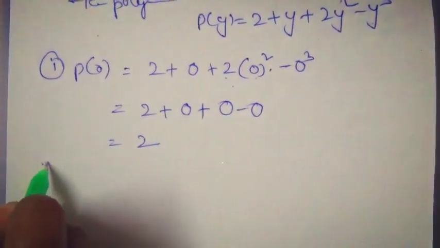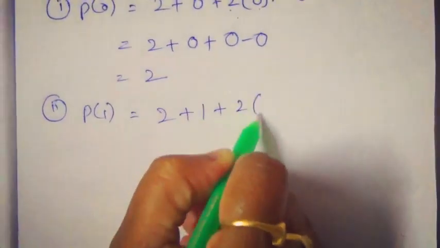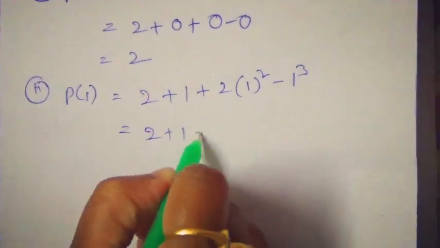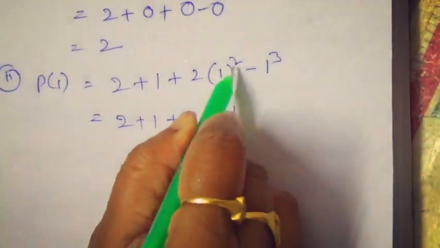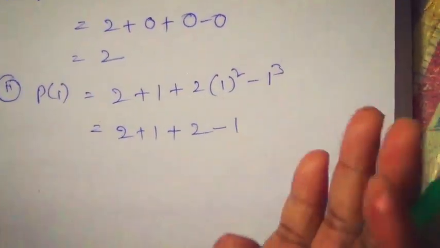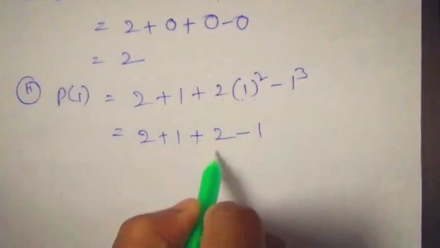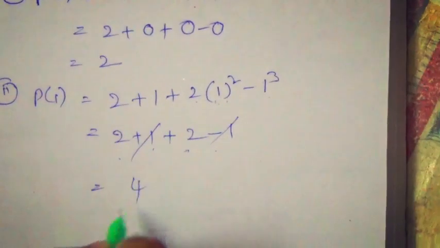That's it. Second one, p of 1: 2 plus 1 plus 2(1)² minus 1³. That is equal to 2 plus 1 plus 2 minus 1. The square of 1, whatever the power, for 1 it is the same number. So 2 ones are 2 minus 1. Plus 1 minus 1 cancel. 2 plus 2 is 4.